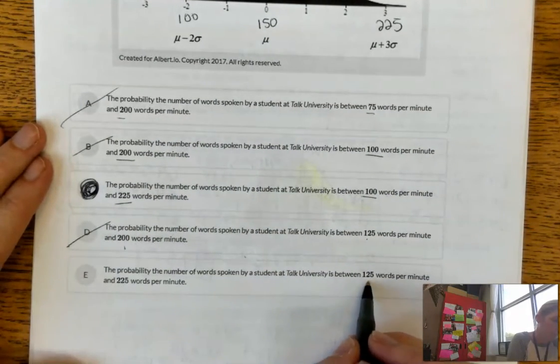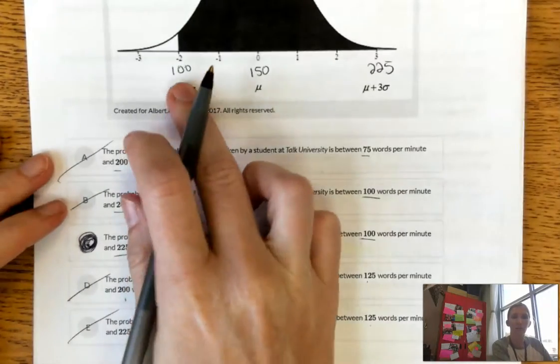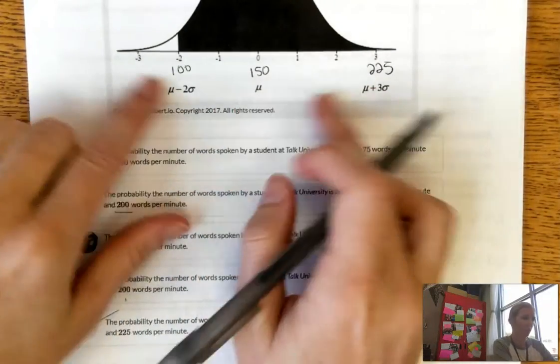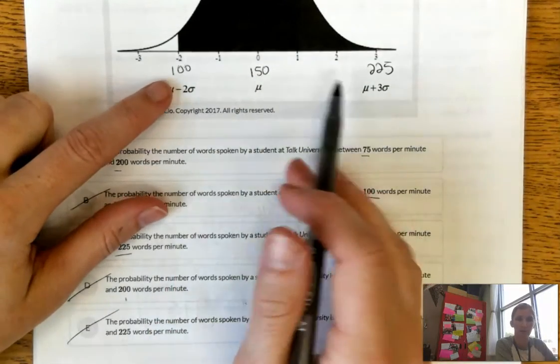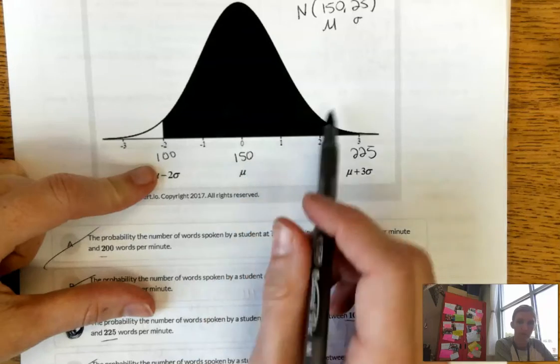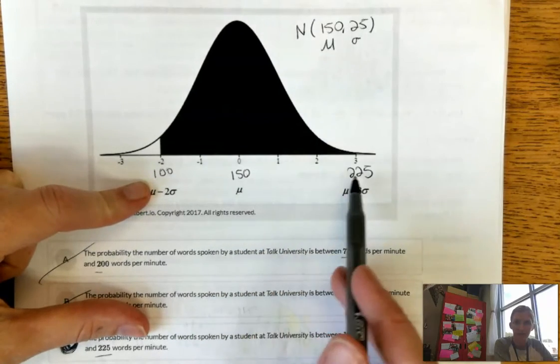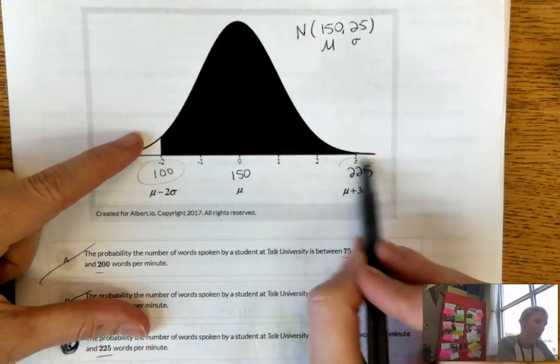And between 125 and 225. Nope. So all we need to do is calculate all of the values down here below by subtracting or adding the standard deviation to the mean. So I just took the mean, mu, and put it here at 0. I added 25 3 times to get here, and I subtracted it twice to get here. So from 100 to 225.